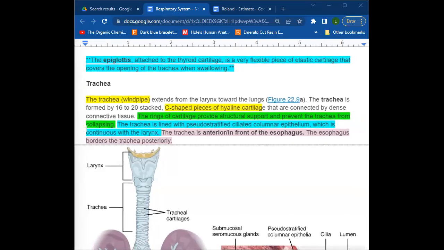We do need to know that the trachea is supposed to have C-shaped rings of hyaline cartilage. And so these C-shaped rings of hyaline cartilage are supposed to help hold the trachea open all the time in order to prevent it from collapsing.